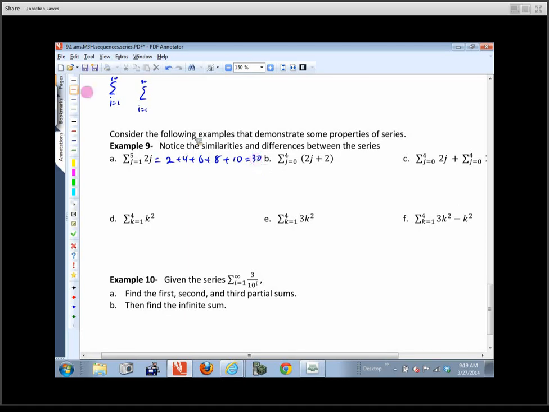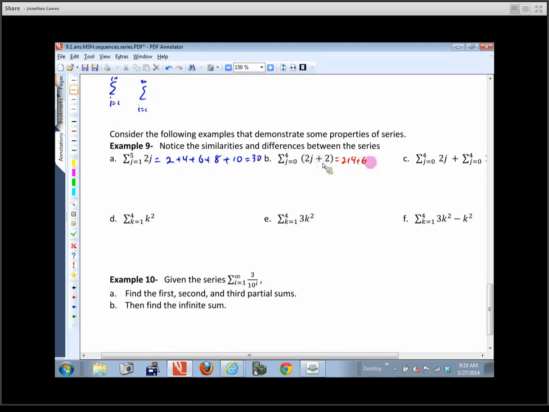Okay, take a look at this one. What's the difference here? Okay, j equals 0 to 4, and we've got this formula. So if I plug in a 0, I get 2. If I plug in a 1, I get 4. If I plug in a 2, I get 6.